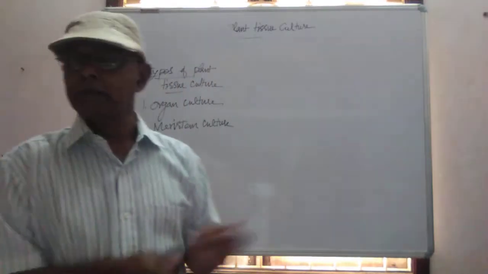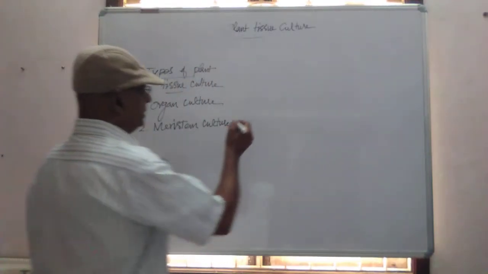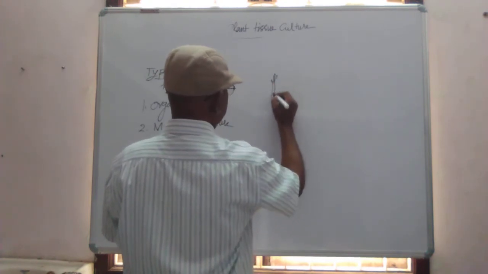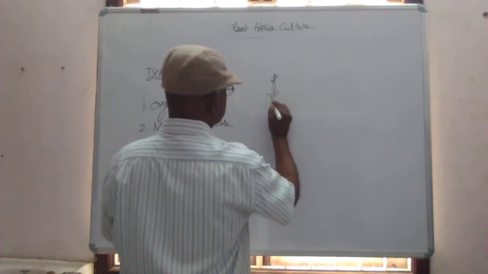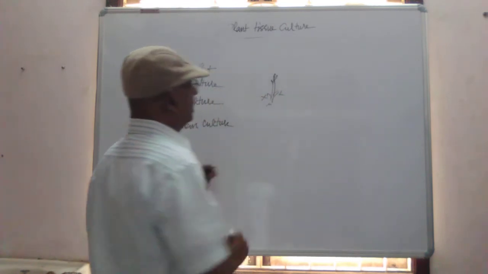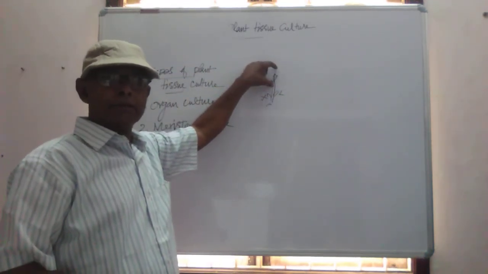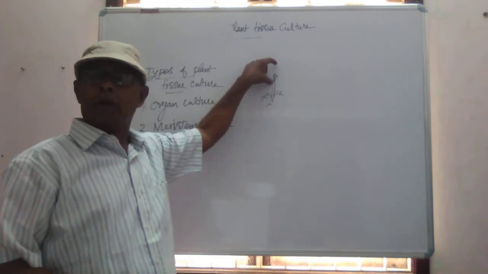In the meristem culture, the tip of the plant is taken. Remove all the older leaves, only the tip, the apical meristem. The tip contains the apical meristem.